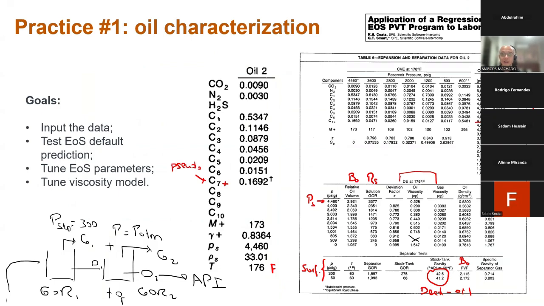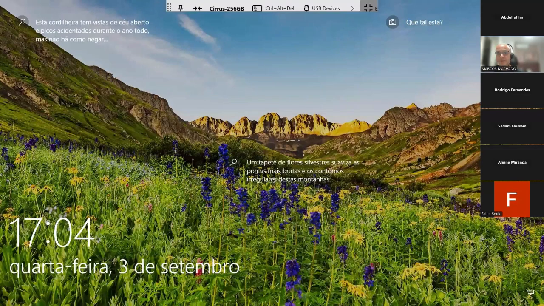Okay, let's go back to this, and after that we can try to start a gas case. This case is for oil, and I have another one. It's the gas phase. We can start doing the same. Let me know if you have any question, please. Feel free to interrupt me anytime.